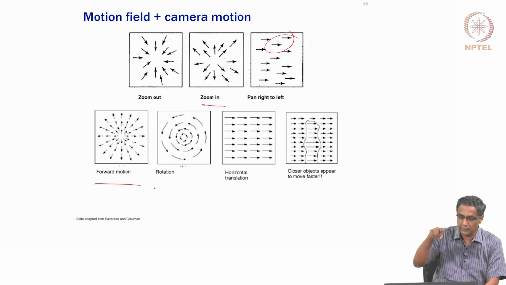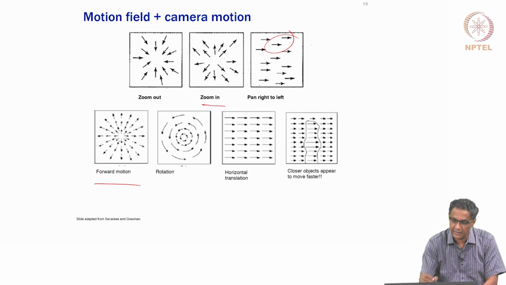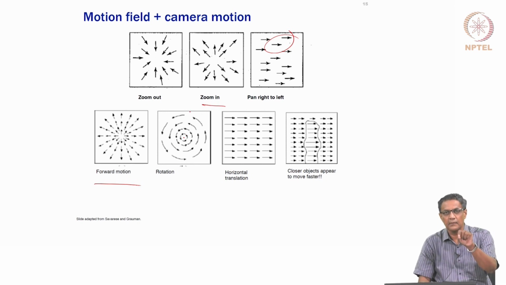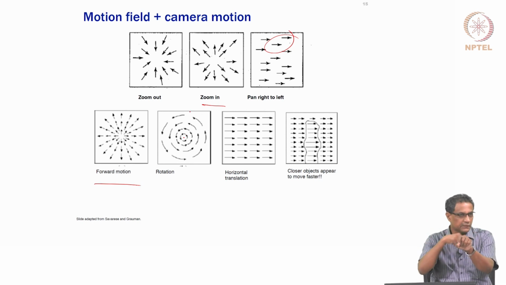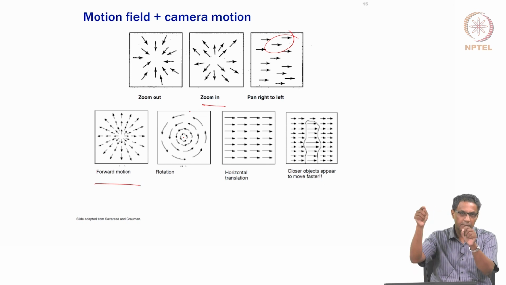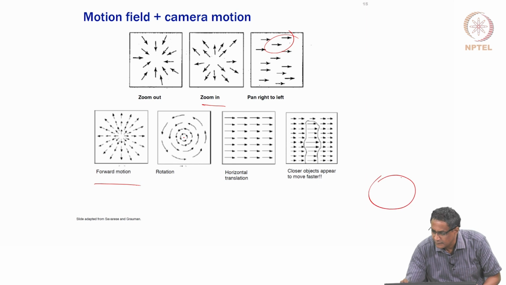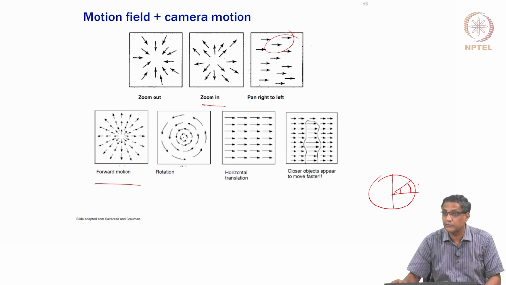Rotation: if you are rotating about a point, there is no optical flow at that point because it remains stationary. But as you go around, you see more and more motion, especially at the boundary for the same rotation. Imagine a vector like this: for the same angle, a point here can only move so much, whereas a point here has to move much more.